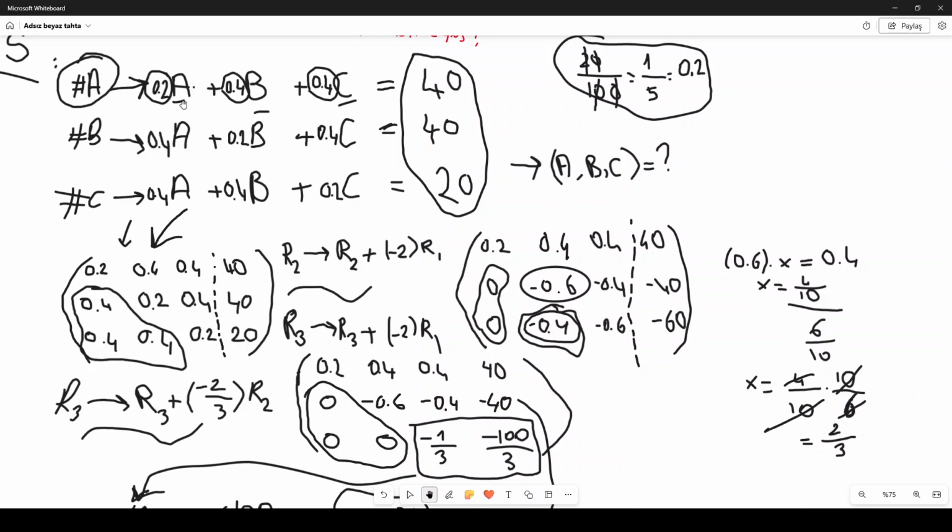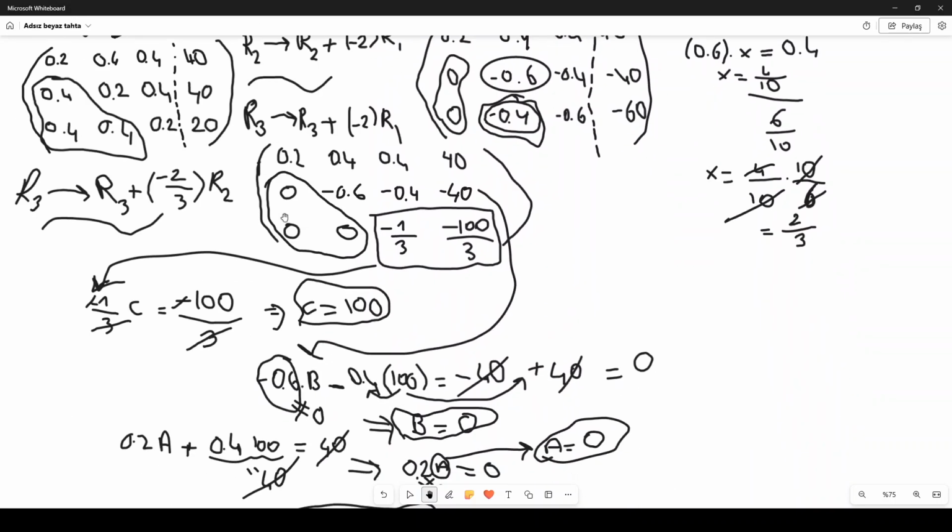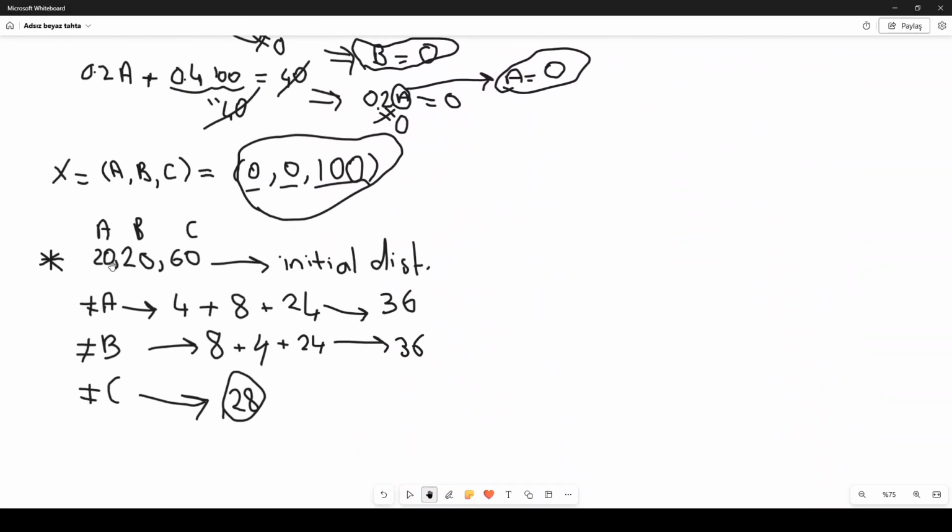By just plugging in the values of the unknown variables A, B, C that we have at the inception, we can find the number of people in each city at the end of the day. In other words, after 1 day of observation, right? All I need to do is plug in the values of A, B, and C that are given here. A is 20, B is 20, and C is 60, right?